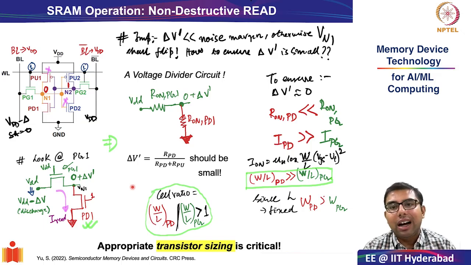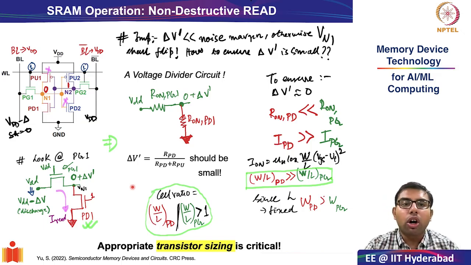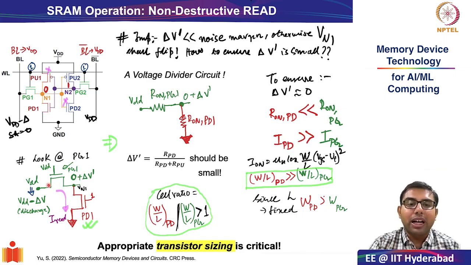We saw how, through a series of logical steps, only the pass gate transistor and pull down transistor were the active components during a read cycle, because all other transistors were off. As a result, there was a read current flowing through the pass gate transistor and pull down transistor.